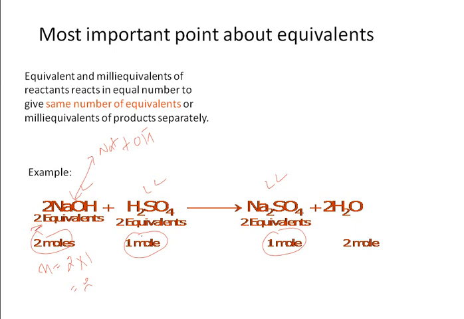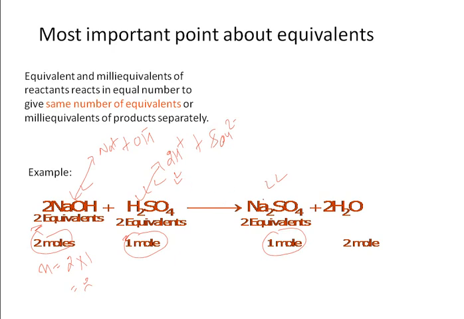Similarly, in case of H2SO4, here is 1 mole but it gives 2 equivalents because the n factor value here is 2, because it gives twice H plus ion and SO4 2 minus. I already discussed this in my previous video.